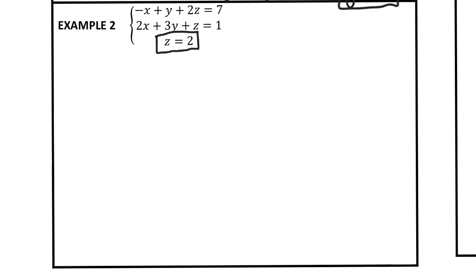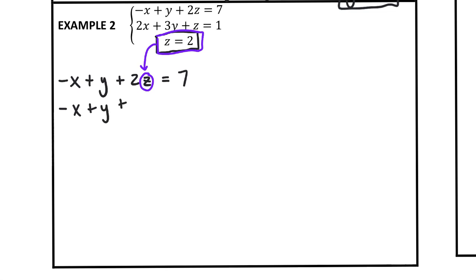Let's copy the first equation, negative x plus y plus 2z equals 7. And then we're going to take this value and replace it for z. So that's going to give us negative x plus y plus 2 times 2 equals 7.